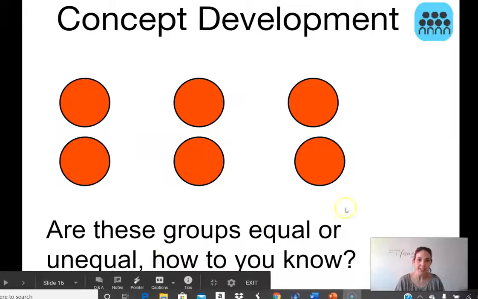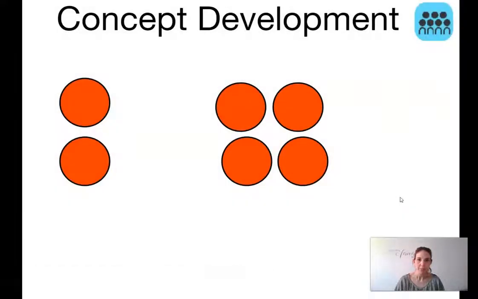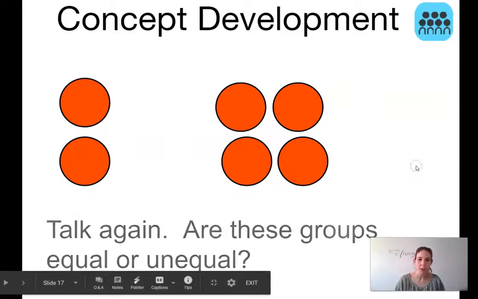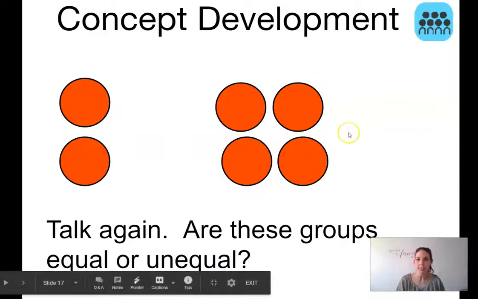Let's look at another group. Are these two groups equal? I see 2 in one group, and I see 4 in another group. Do they have the same number in each group? 2 and 4.